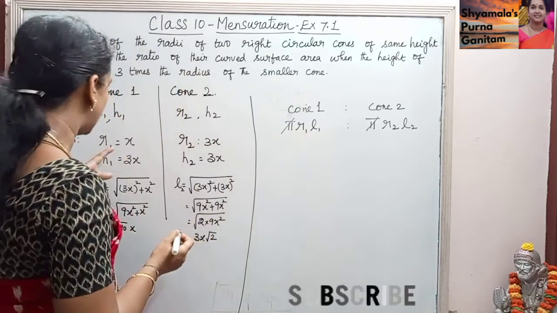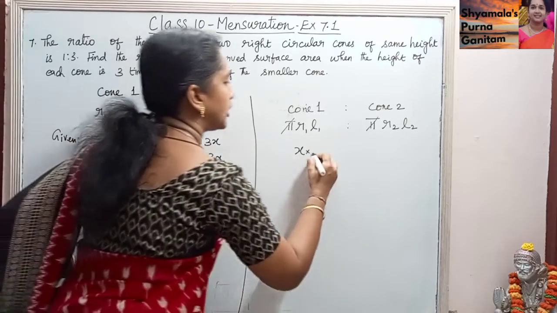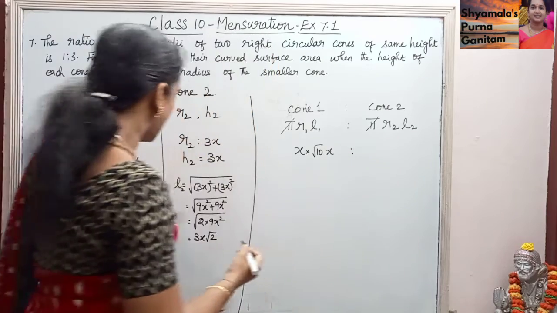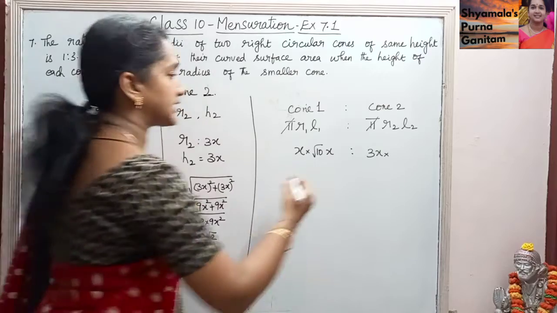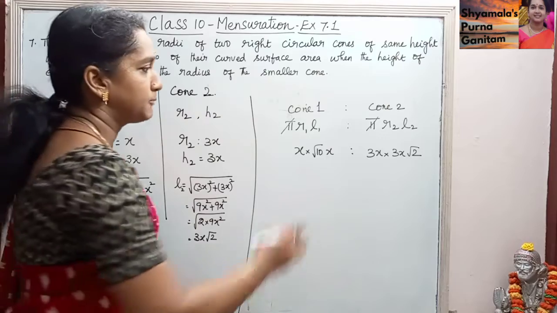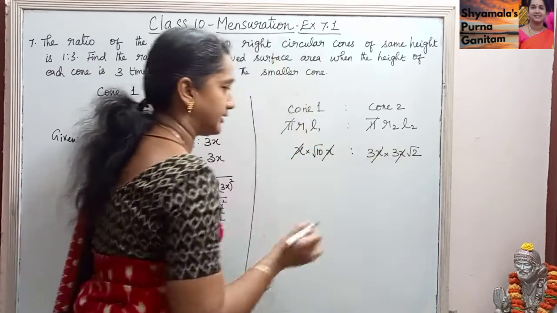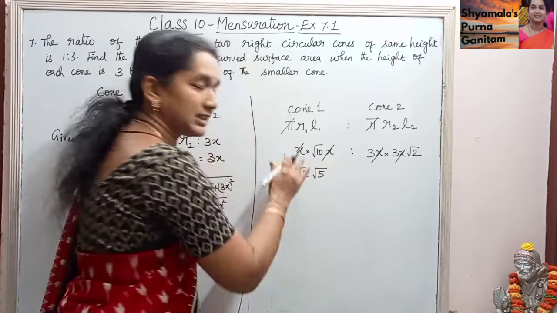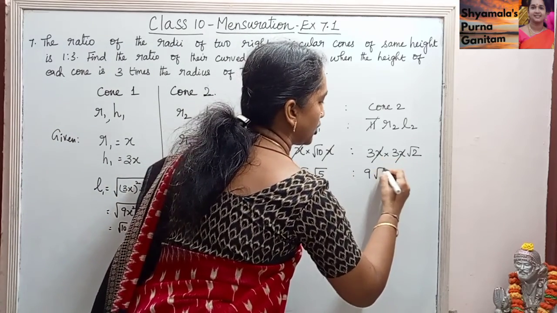R1 is x and L1 is root 10 x. For the second one, R2 is 3x and L2 is 3 root 2 x. Here x is there and here also x is there, so x and x will get cancelled. Root 10 we can write as root 2 into root 5, and 3 3s are 9 root 2.